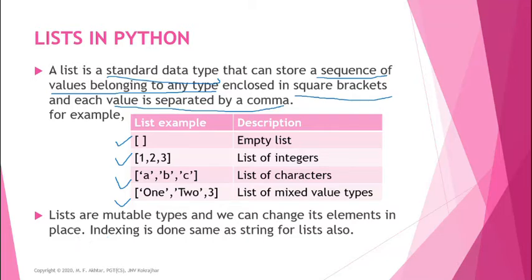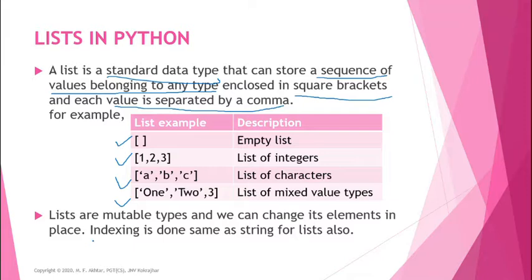We should know that lists are mutable data types, and we can change their values in place. As earlier we have used strings, strings are immutable and we cannot change their data in place, means individual data cannot be changed. But in a list it is possible.